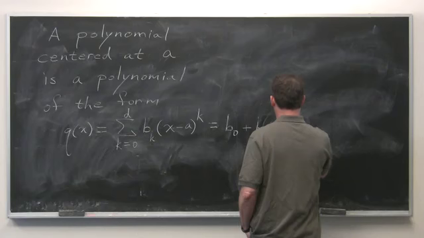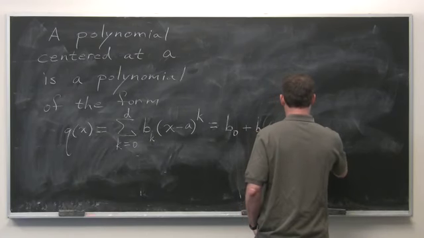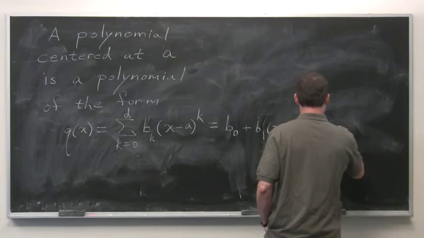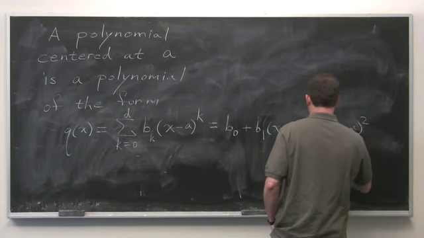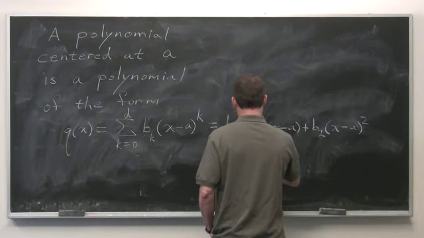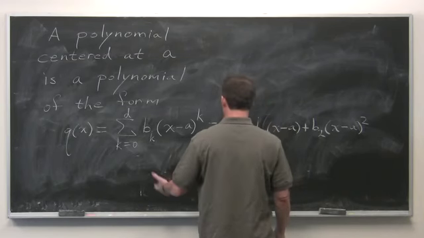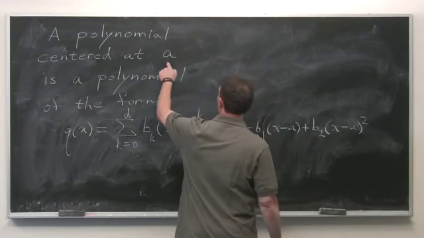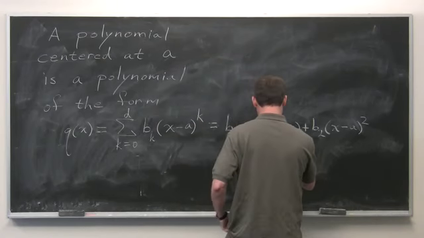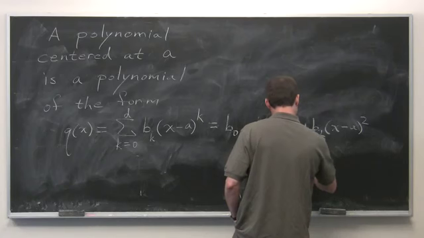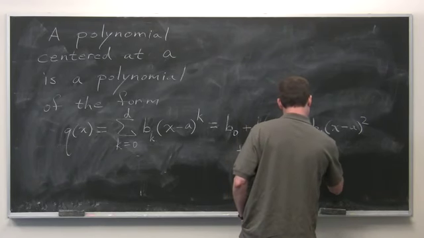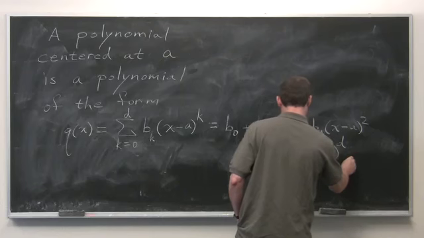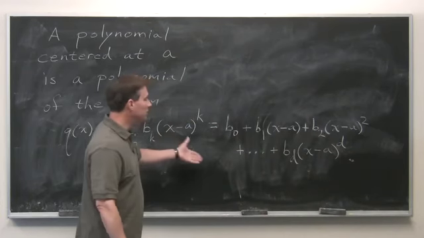So you just have powers of x minus a, where before we had powers of just x. So in this setting, our normal polynomials, which are just powers of x, are centered at 0. That's our favorite place to center things, at 0. So something of this form.